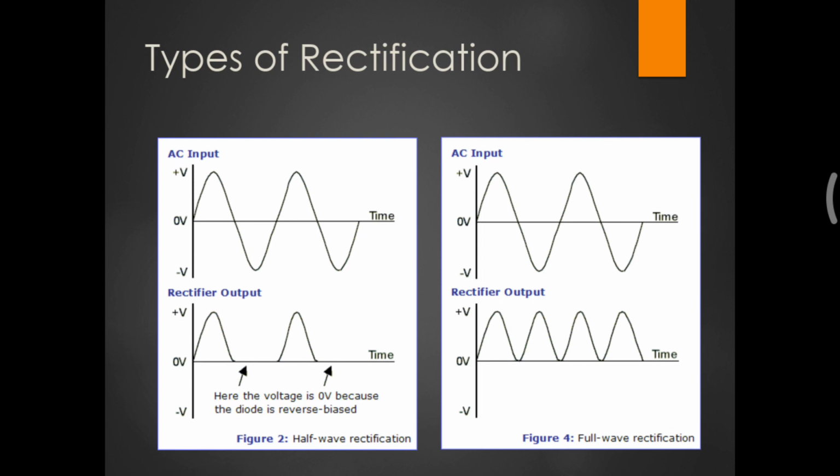This is a common process which you would have studied in 10th or 12th physics, that the waves coming from the current source can be rectified, and there are two types of rectification. One is half wave rectification, the other is full wave rectification. What's a half wave rectification? You take out the parts which are on the negative side.